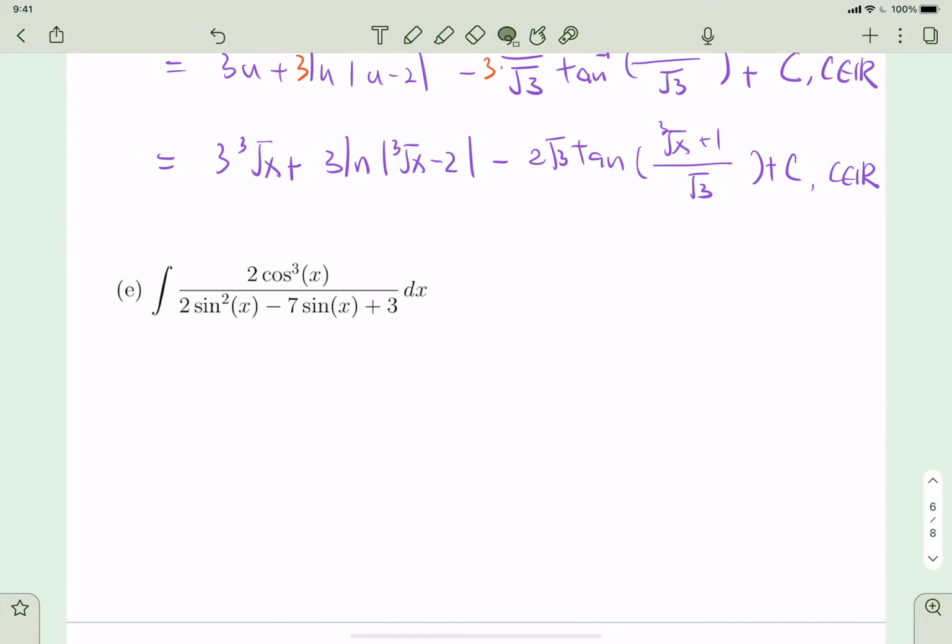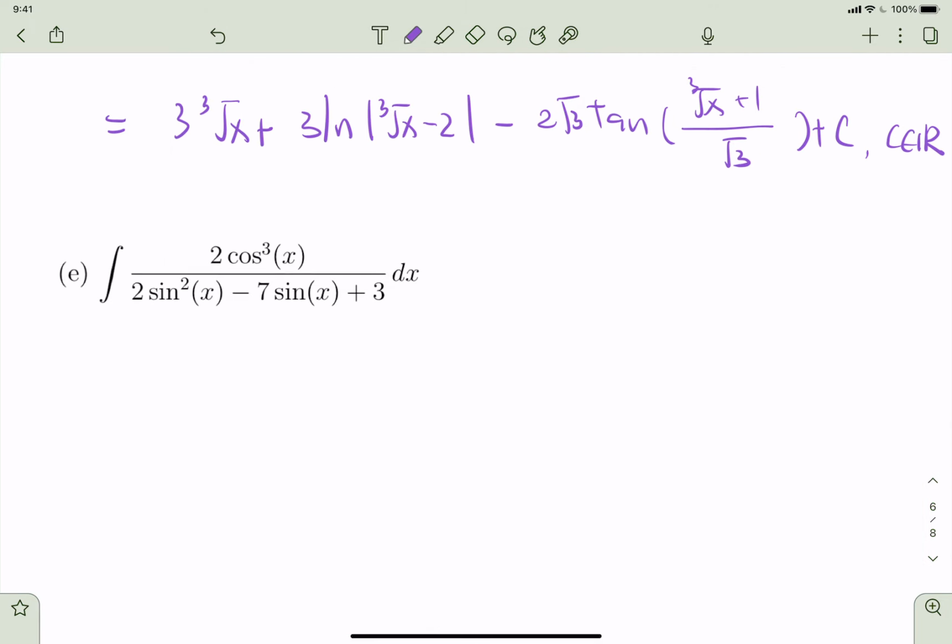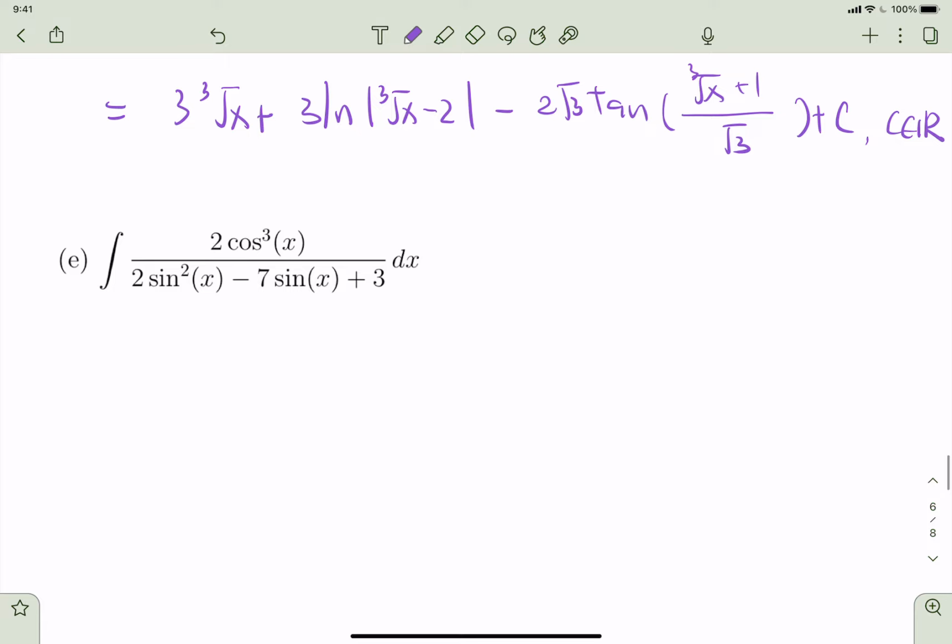Question E here, lots of trig functions, cosine and sine, right? So we're gonna make them in terms of just one single trig function. Obviously, we're gonna do something to this cos, right? Cos cubed here is gonna be split into cos square x and cos x.